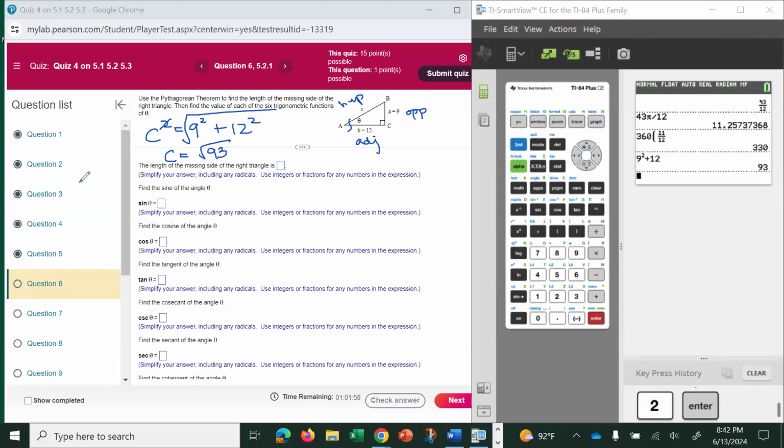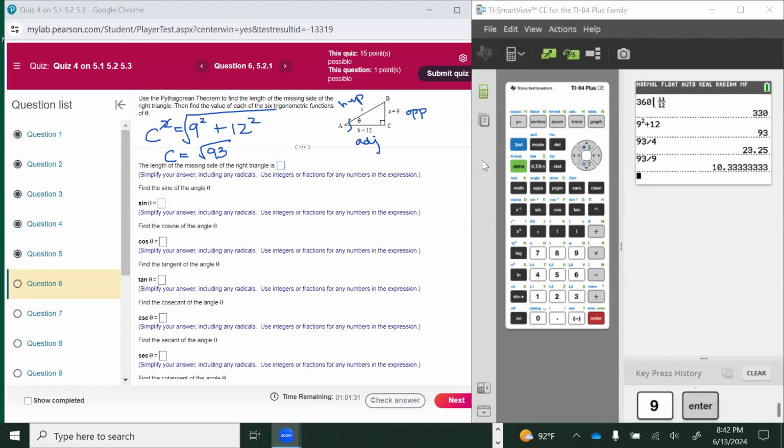I'm wondering if it has a perfect square, probably not, but you can check by dividing by 4, because 2 squared is 4, and dividing by 9. And so it's probably just square root of 93 for C. So let's go ahead and label our C with square root of 93.